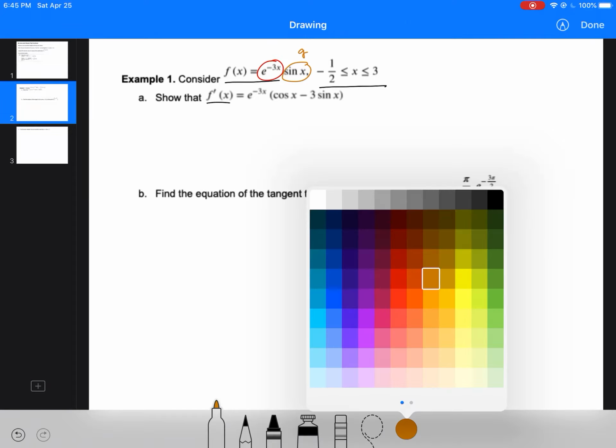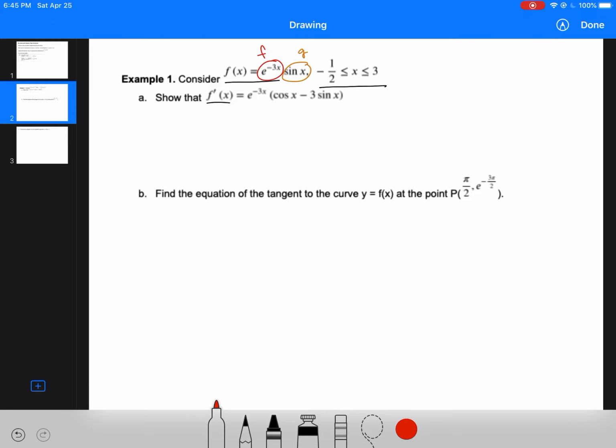So we've got our f and our g. When we take our derivative, f prime of x is g times f prime, and our f prime here would be minus 3 e to the minus 3x, plus f times g prime, which in this case is going to be cos x.